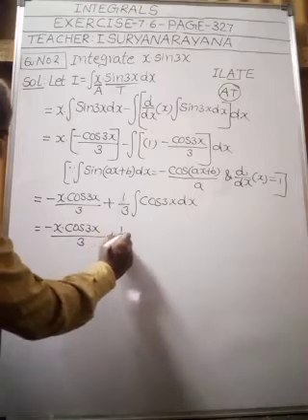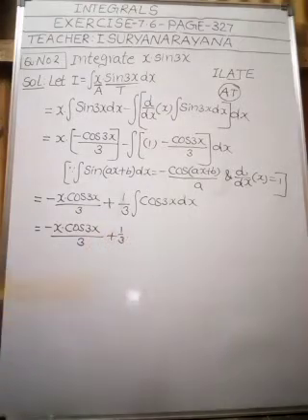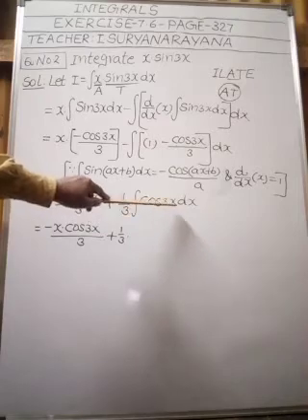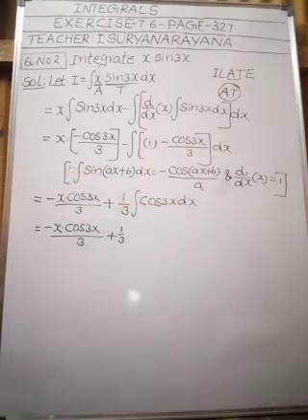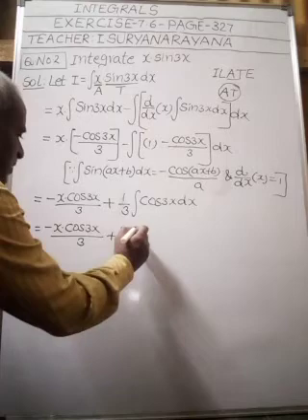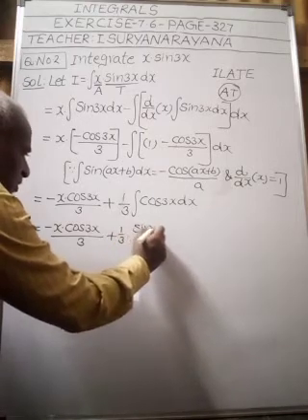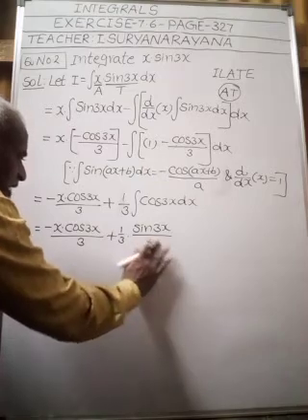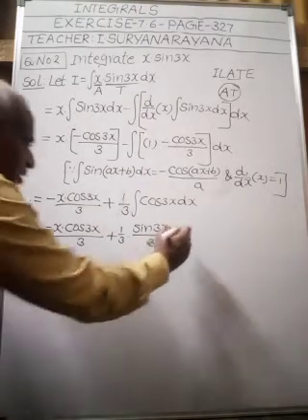plus 1 by 3. Again, it is in the form of integral cos of ax plus b. What is the formula? Sin of ax plus b by a, where a means the x coefficient, that is 3.